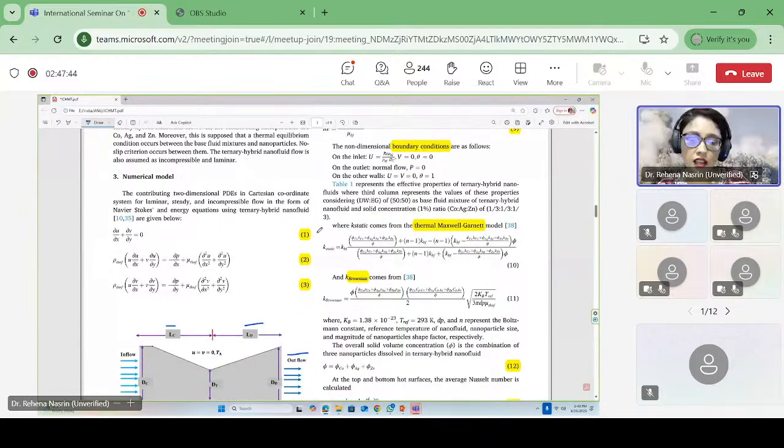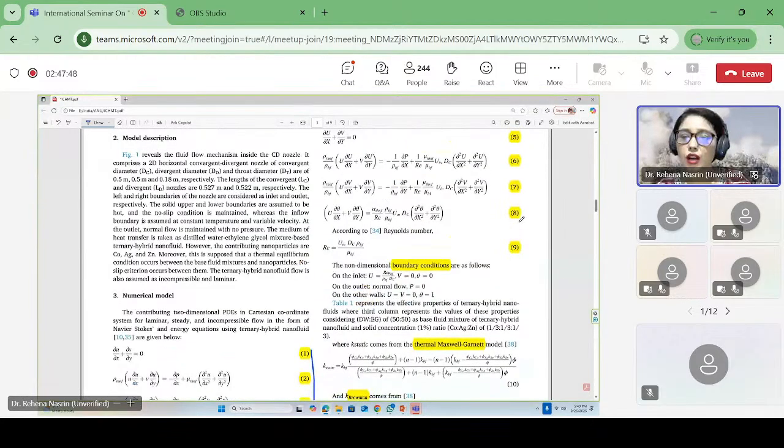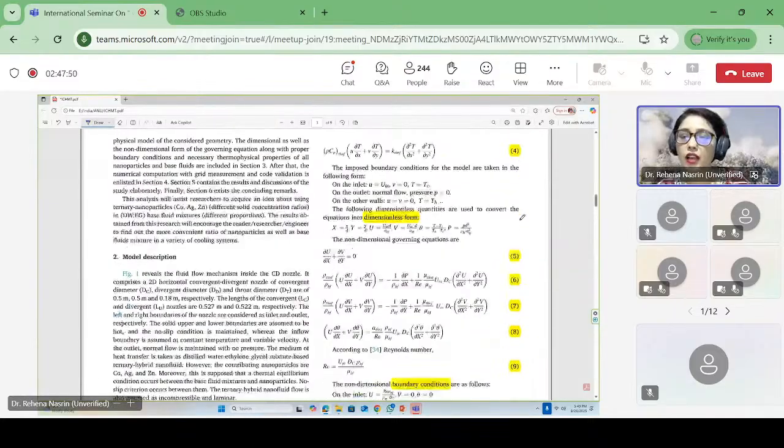And these are the governing equations, the coupled system of Navier-Stokes equation, continuity and energy balance equation.